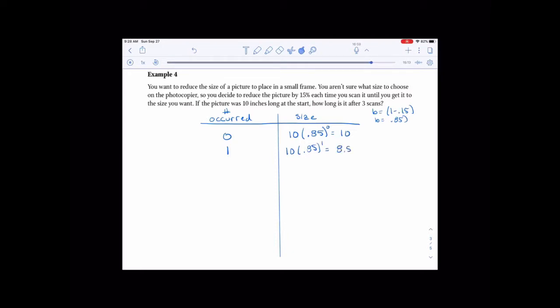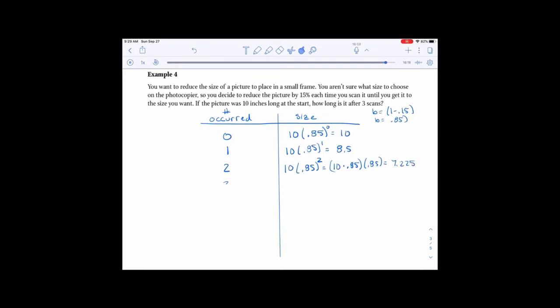8.5. After this has occurred twice, we've had 2 reductions. We would have 10 multiplied by 0.85 raised to the 2nd power. It's occurred twice. This is equivalent to the first reduction of 10 multiplied by 0.85 and then multiplying that again by 0.85, which is equivalent to 7.225 inches.